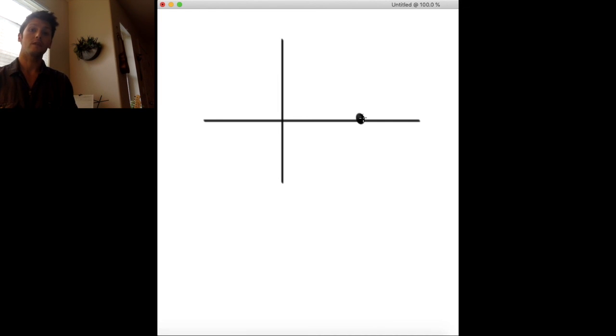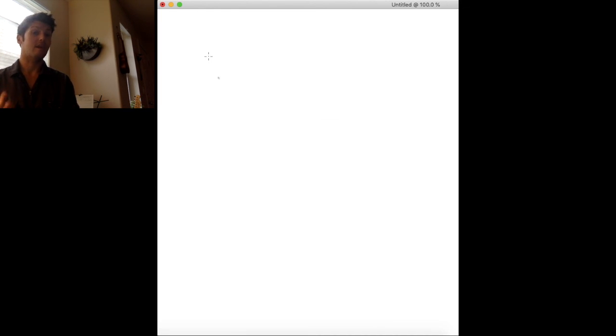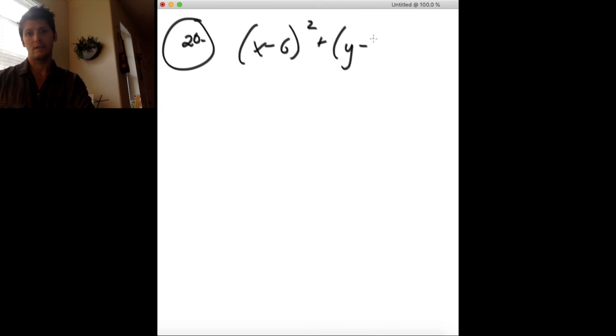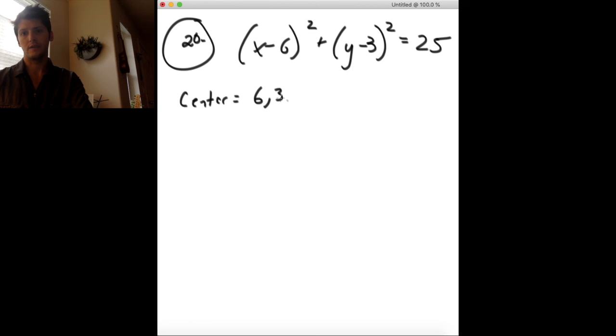All right, so number 20, the last one in this section. Here's what you need to know to begin with. This equation is the standard equation for a circle, and it tells us that the center is 6, 3, and it tells us that the radius equals 5. I have made some other videos about that.